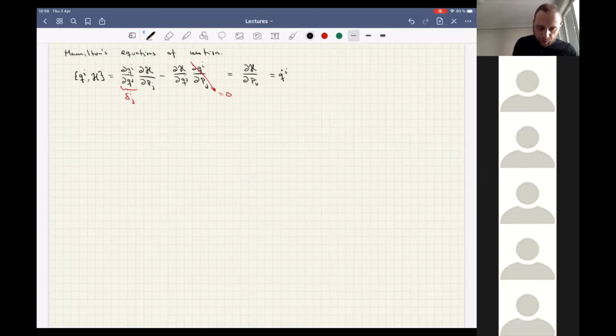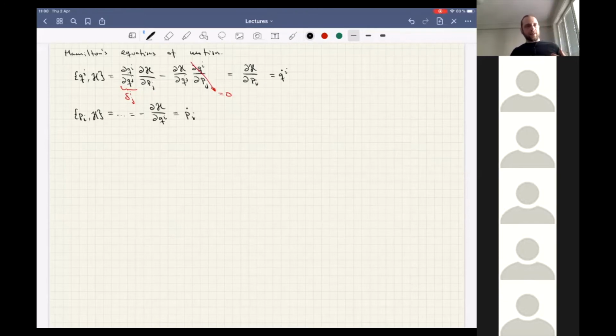And we can do the corresponding thing for pi. If we do the maths, we end up with minus ∂H/∂qi, which is p dot i.